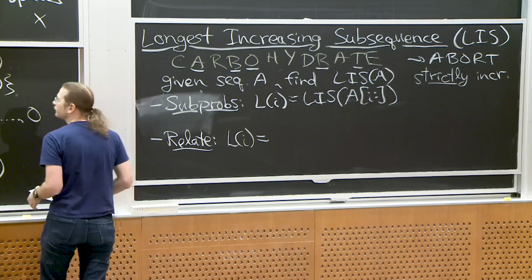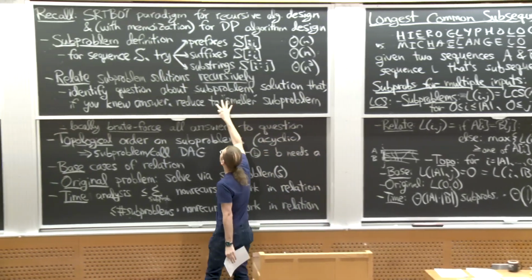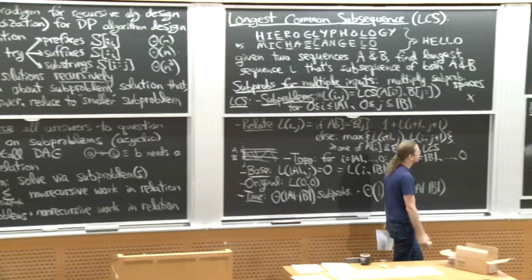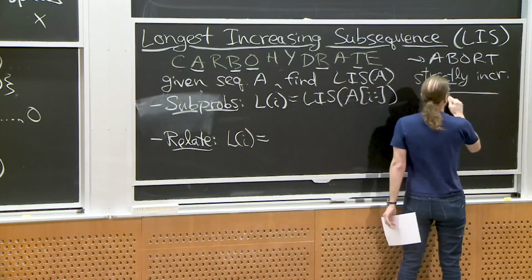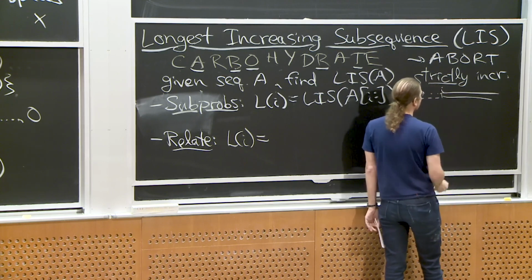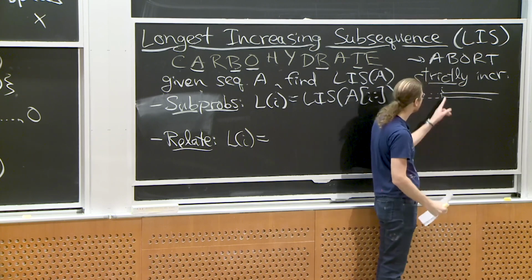But let's go back to what is a question that I could ask about this subproblem that might help me figure out what the longest increasing subsequence looks like. So we're looking at A, here's A, from i on. Longest increasing subsequence is a subsequence, and we'd like to remove letter i.